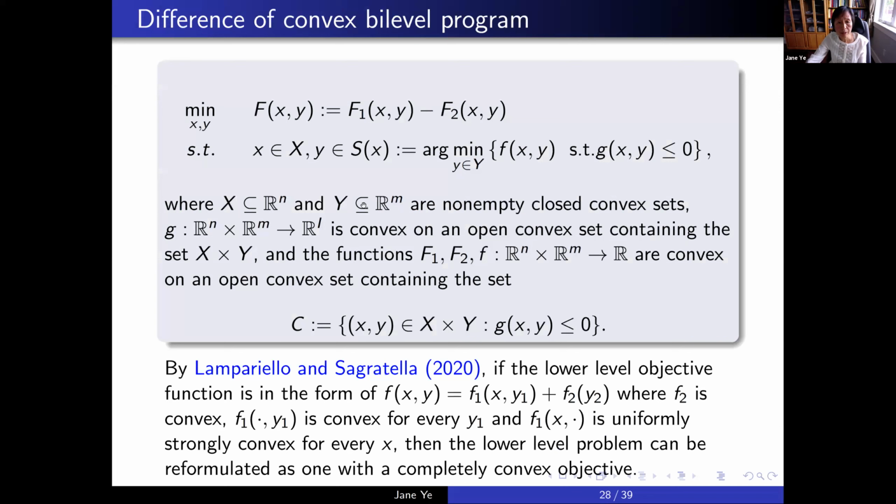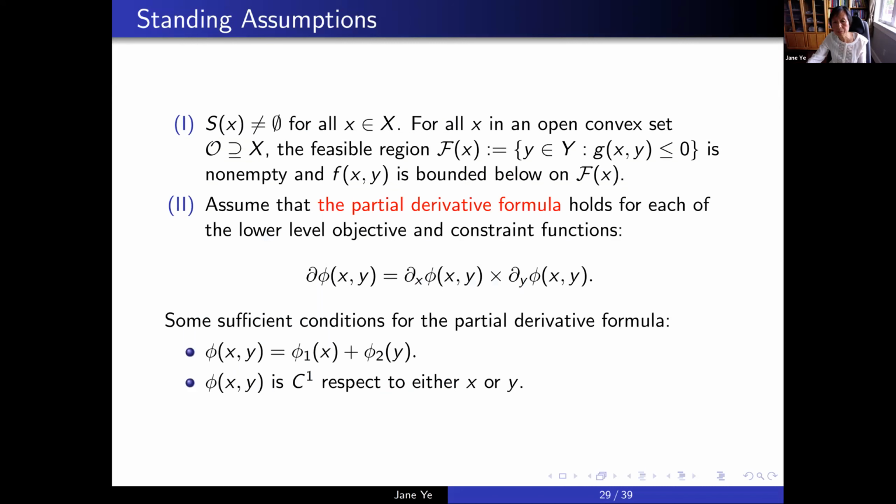X and Y are non-empty closed convex sets, and these G are convex but allowed to be non-differentiable. All these functions are convex and allowed to be non-differentiable. For machine learning examples, this is true, since the objective function is C1 with respect to either x or y.